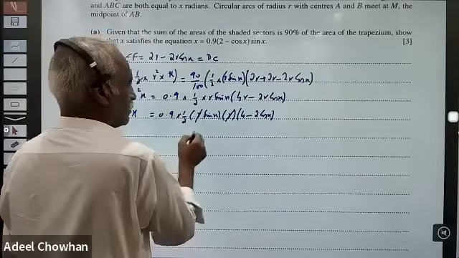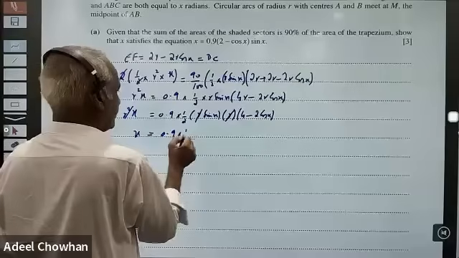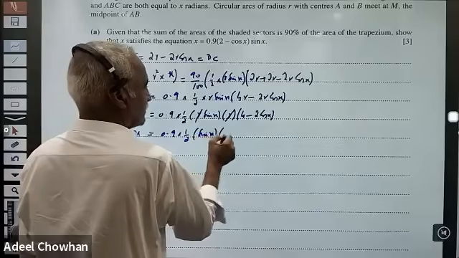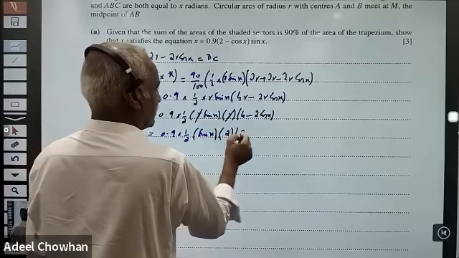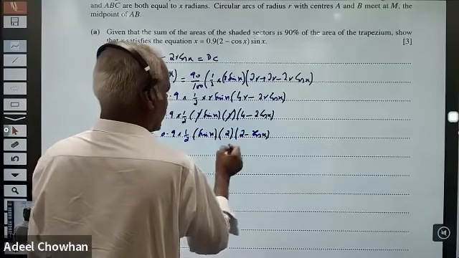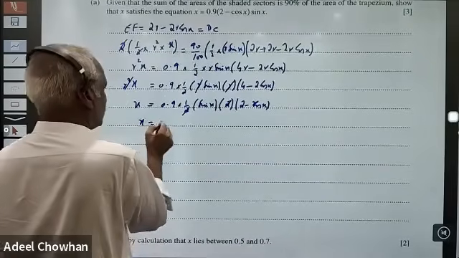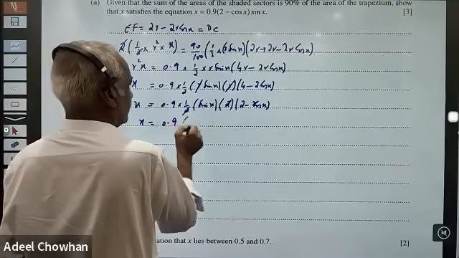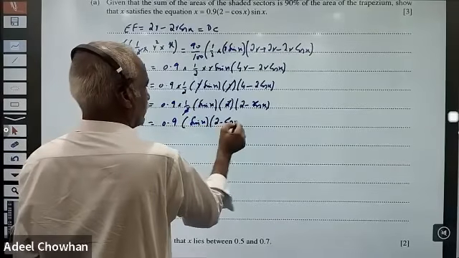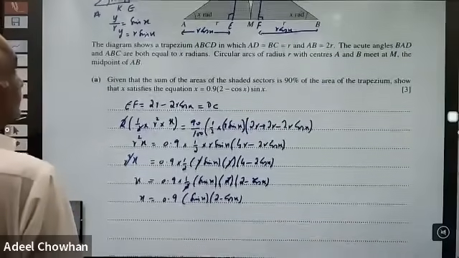So X is equal to 0.9 into 1 over 2 sine of X, 2 is common there. It is 2 minus cos of X. So 2 and 2 also cancel out. So X should be equal to 0.9 into sine of X into 2 minus cos of X. And this is the thing we have to prove.